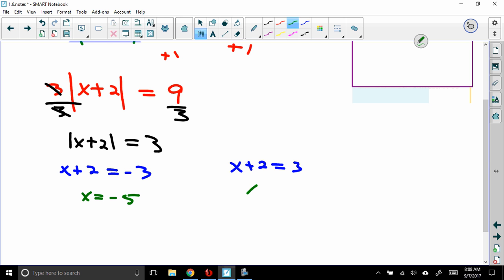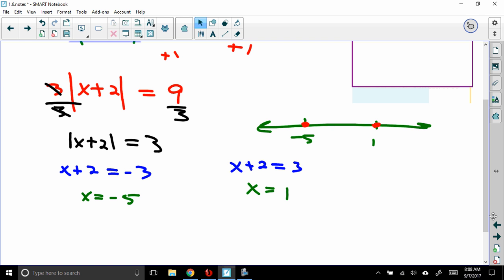And the other one, x would equal 1. So our answers aren't plus or minus the same thing. Our answers are -5 and 1. So on a number line, if we plotted that, -5, 1, boom, boom, we're done. Piece of cake. We got it on lock. We're doing real good with this stuff.